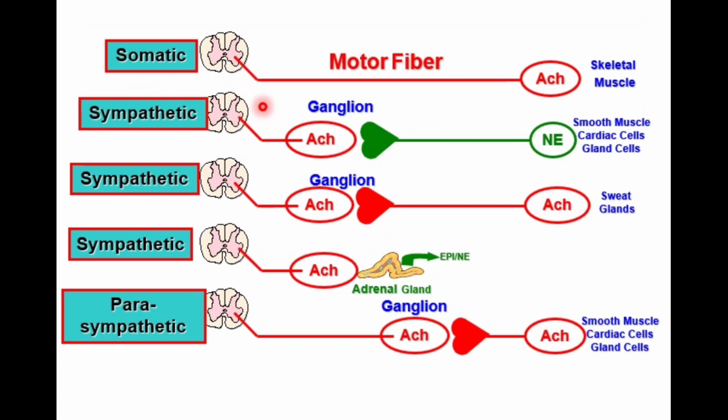These neurons include all somatic motor neurons, all preganglionic autonomic neurons, both sympathetic and parasympathetic, all postganglionic parasympathetic neurons, and a few postganglionic sympathetic neurons, for example, those innervating sweat glands.